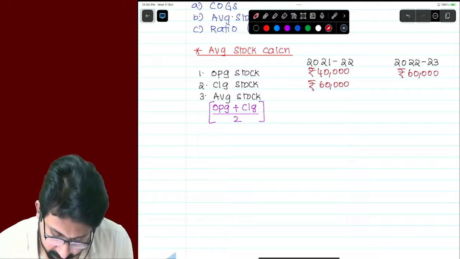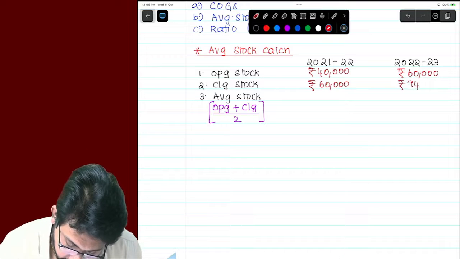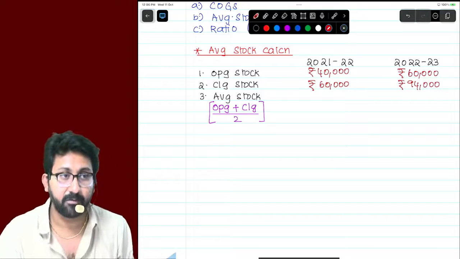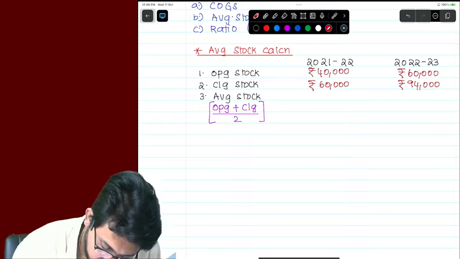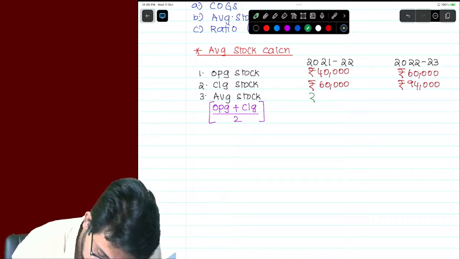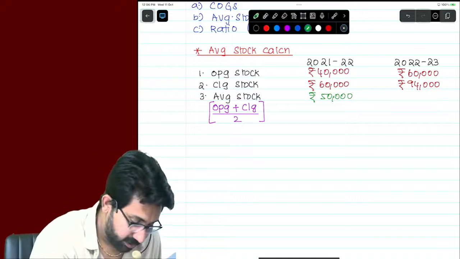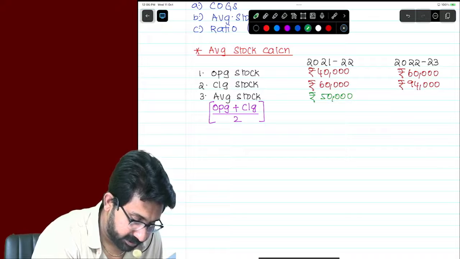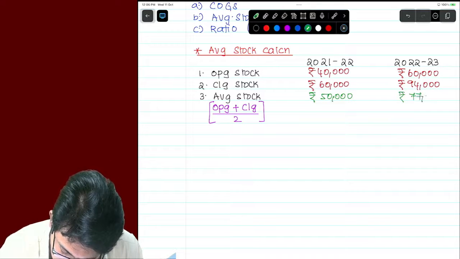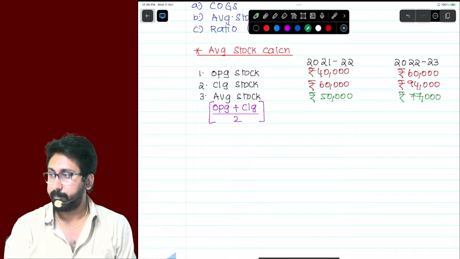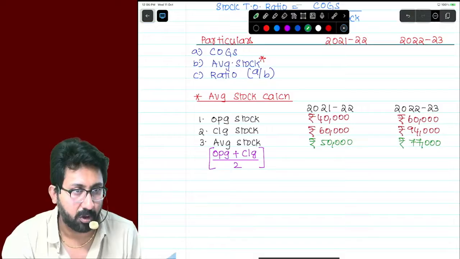Closing is 94,000. Average stock, first year, is Rupees 50,000. Next year, 94,000 plus 60,000 divided by 2. How much is it? 77,000. Use those numbers in the above column.